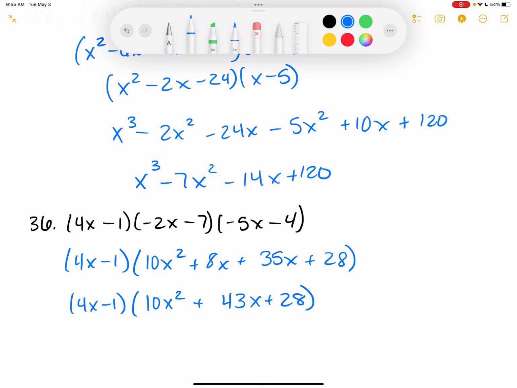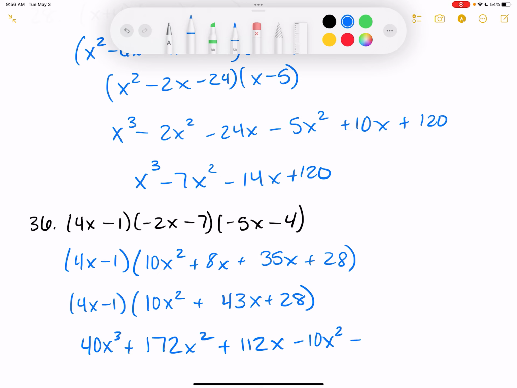So now what? 40x cubed plus 172, and then minus 10x squared minus 43x.